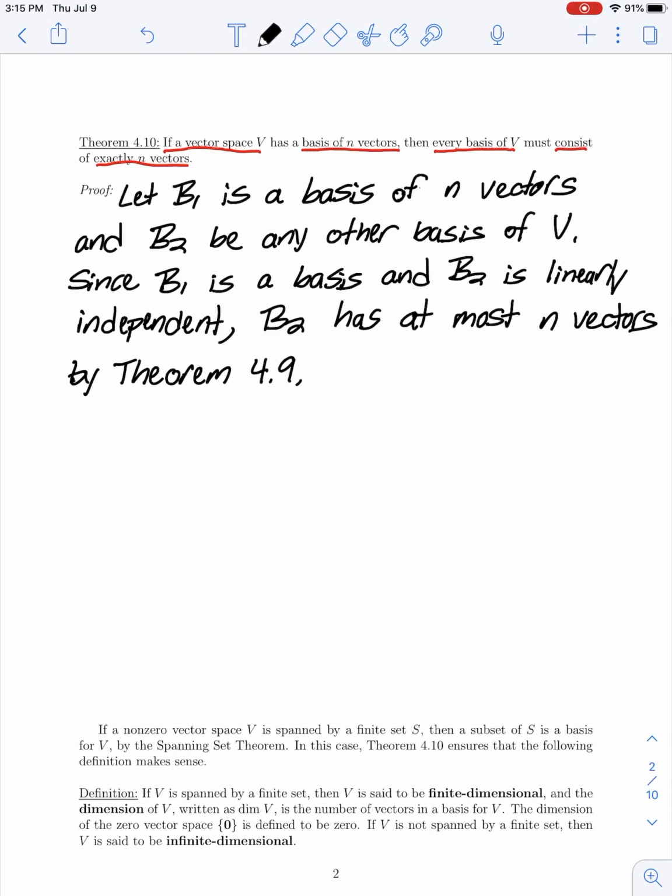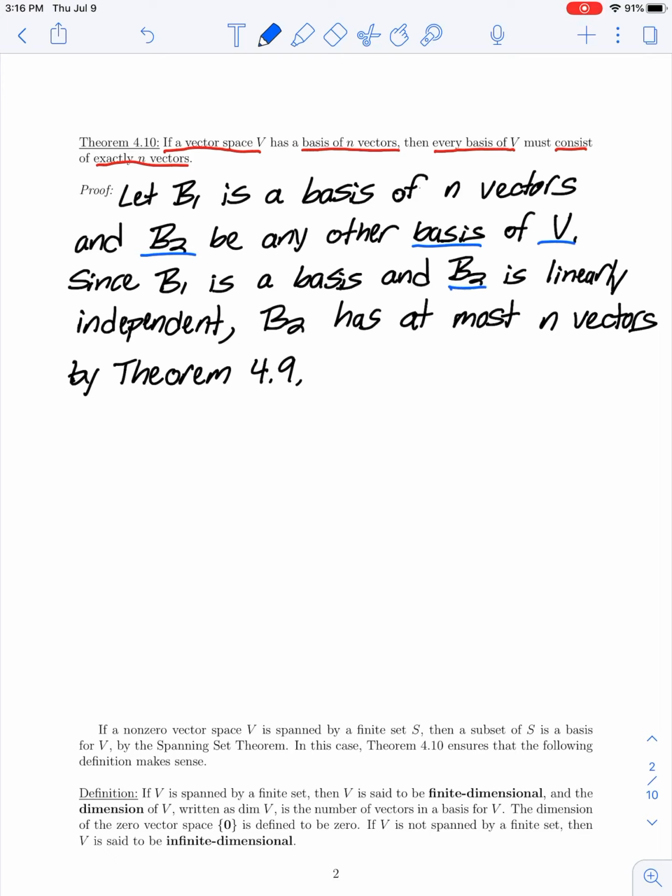So recall theorem 4.9 implied that any linearly independent set within our vector space consists of at most n vectors. Now here, we're using the fact that B2 is a basis of our vector space. So by definition of a basis, the vectors within that basis must be linearly independent.